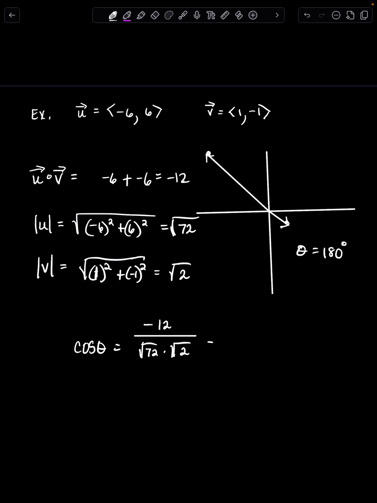If I were cleaning this up, this would be negative 12 over the square root of 144, because I'll multiply what's underneath the square root there. So that's going to be negative 12 over positive 12, or cosine of theta equals negative 1. Where does the cosine of theta equal negative 1? Cosine of theta equals negative 1 at 180 degrees.